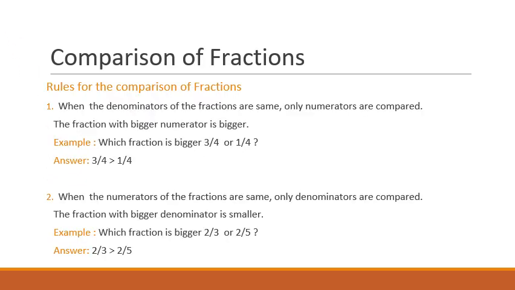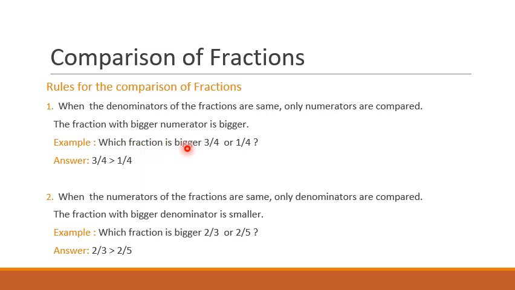Comparison of fractions. So let's see the rules for comparison of fractions. In the first case, when the denominators of the fractions are the same, that means if we have like fractions, then only numerators are compared. The fraction with the bigger numerator is bigger. Let's see it with the help of an example.